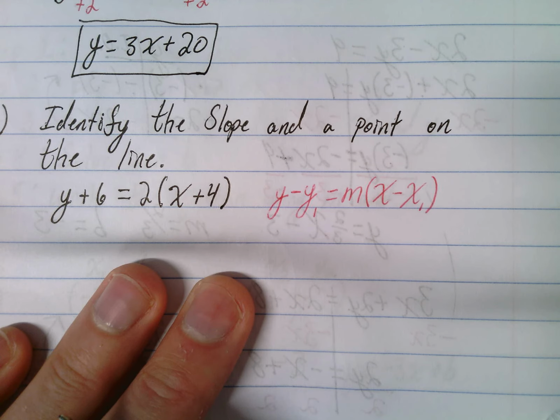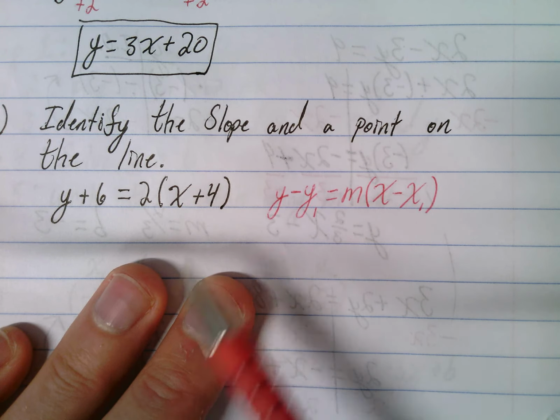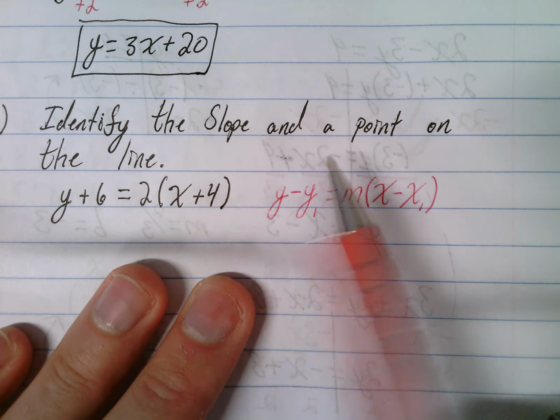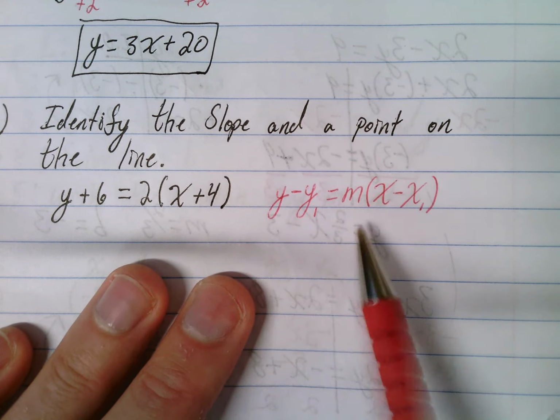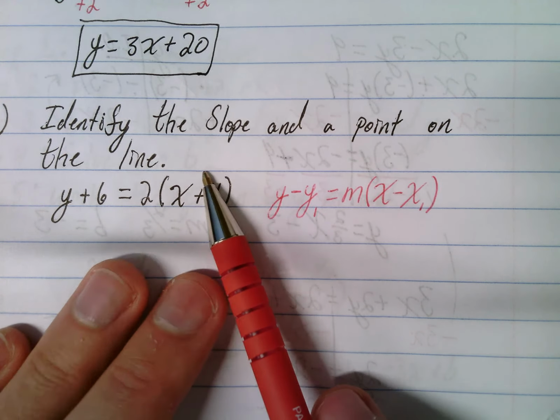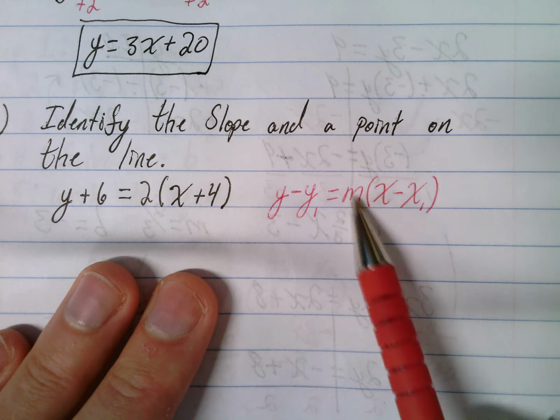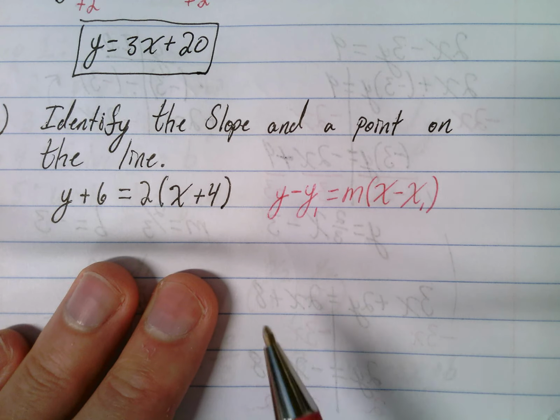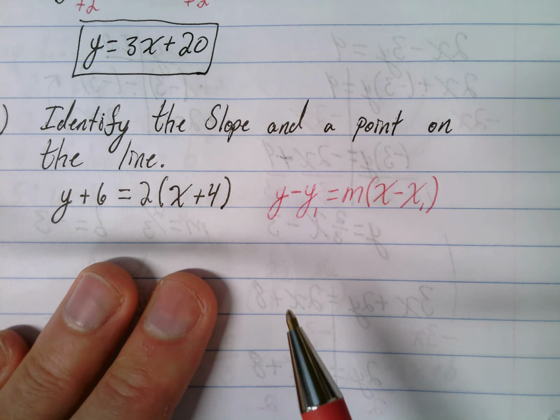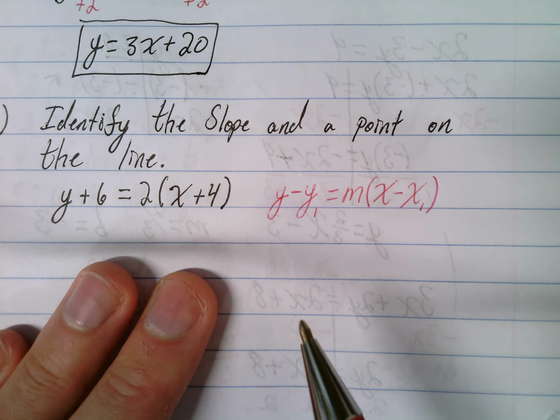Travis? The y1 already has numbers in it and the m is 2. Okay, good. So we can identify our m. What else is different here? If I wasn't paying attention to the numbers themselves or the letters, what do you see that's different here? I'm going to press for this. What do you think? Jude, you think you see it?